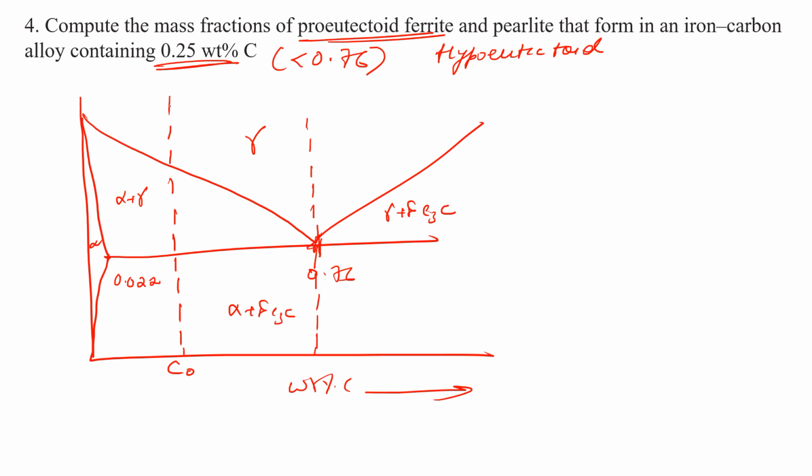We have been asked what is the mass fraction of proeutectoid ferrite. So this is, by the way, 0.25, right?